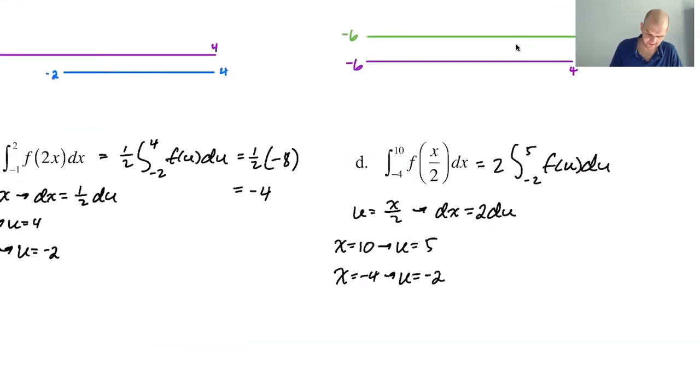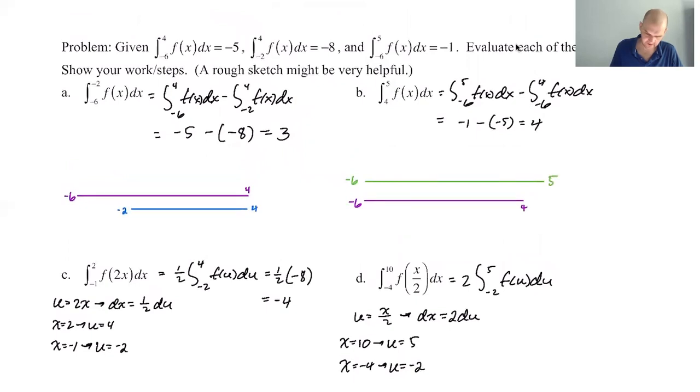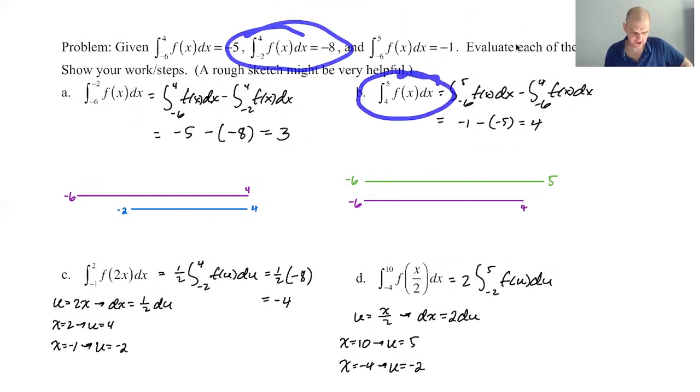Do we know that value yet? I think we don't. Well, I know -2 to 4, and I know 4 to 5. So I should just do -2 to 4 plus 4 to 5.